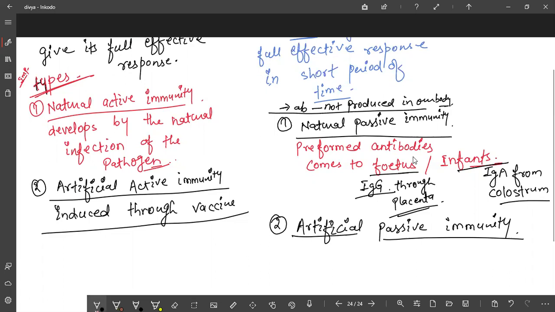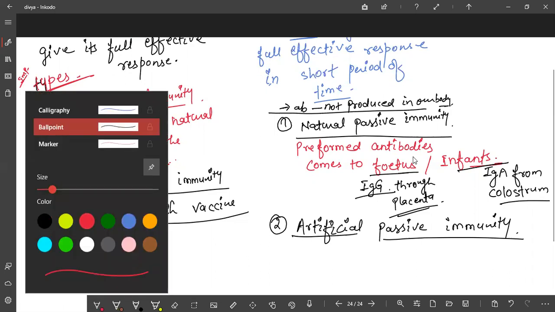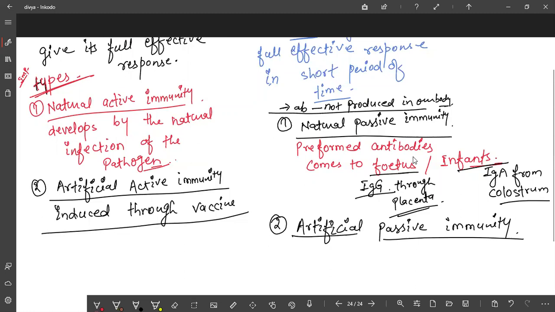One more type of immunity is artificial passive immunity. Suppose a person has been bitten by a cobra, a very poisonous snake. What will happen?